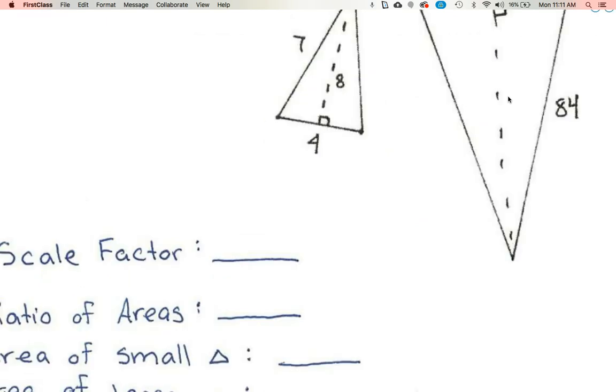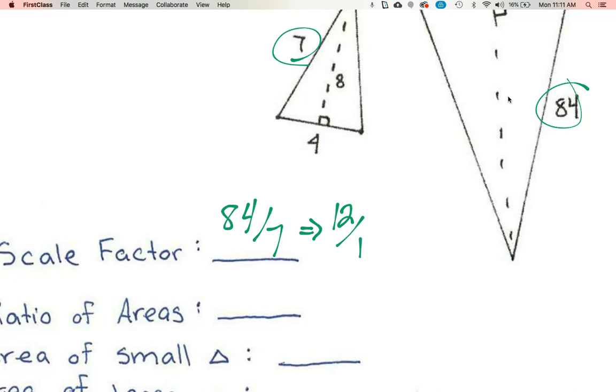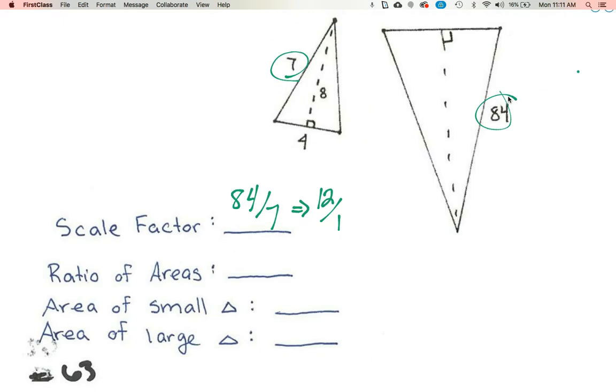So the scale factor is 84 over 7, or 7/84, which simplifies down to 12/1, or 1/12, depending on how you established yours.